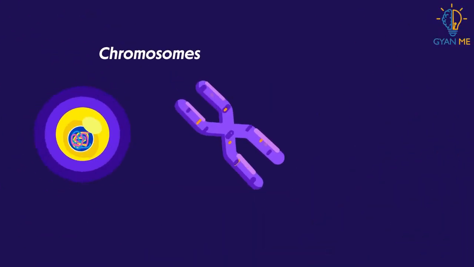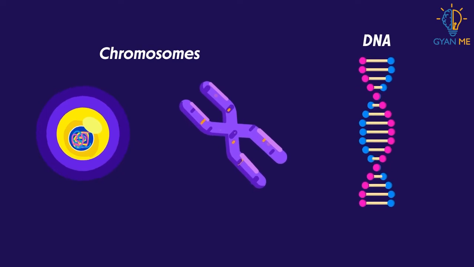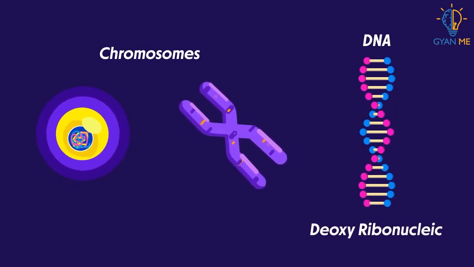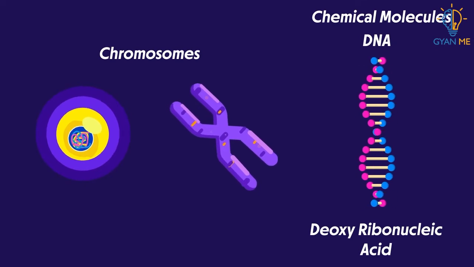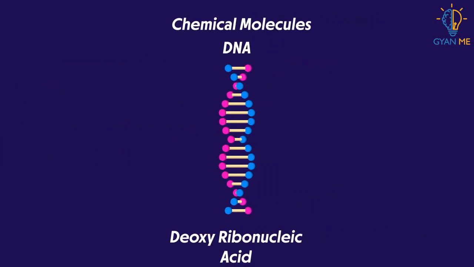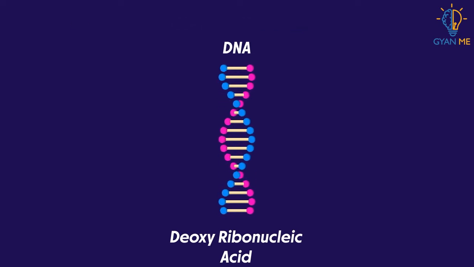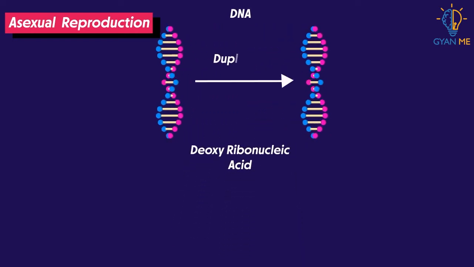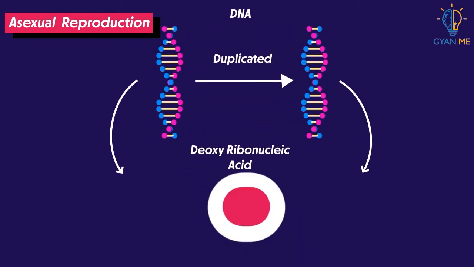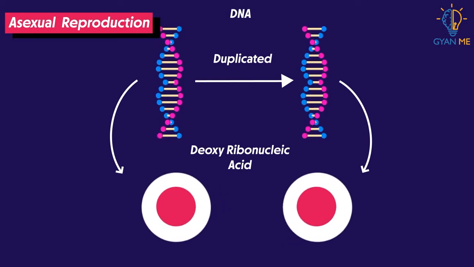Now these chromosomes are made up of DNA, that is deoxyribonucleic acid, and they are certain chemical molecules. They contain all genetic information of the organism. During asexual reproduction, this DNA is duplicated and then separated into two new cells.